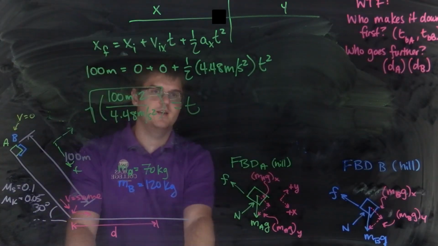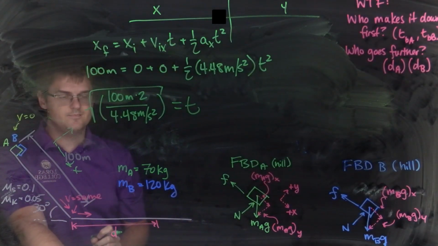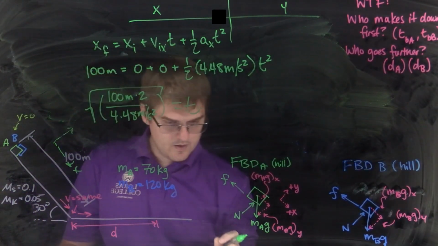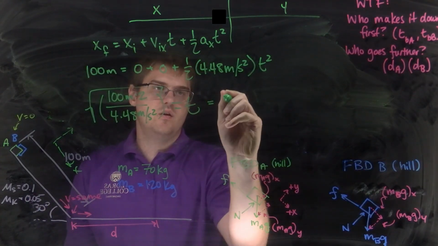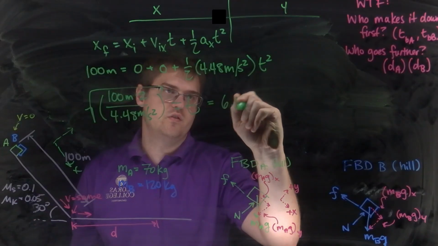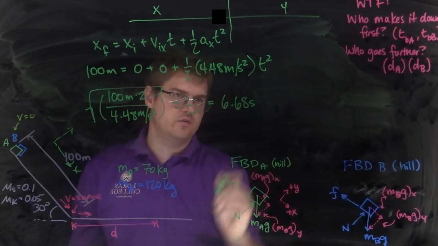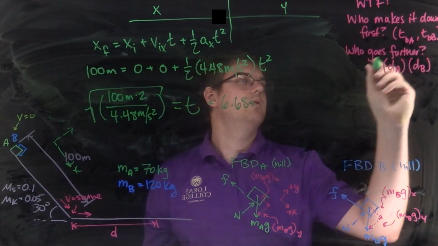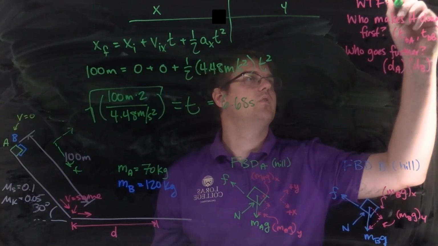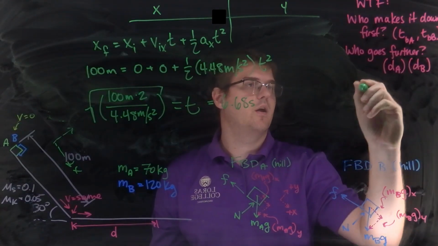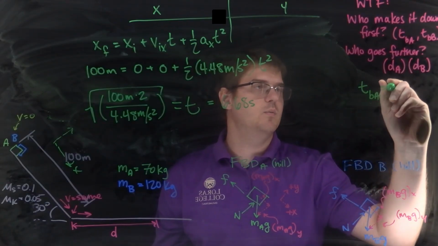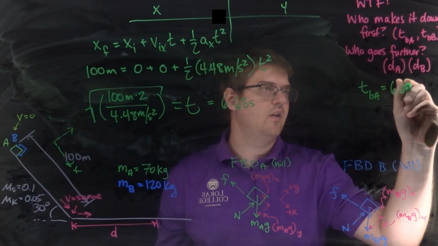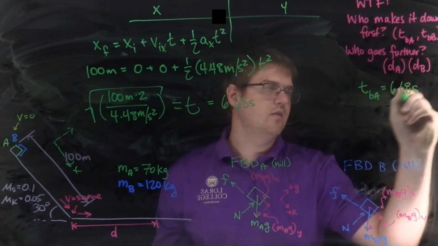That is the time it takes me to get down to the bottom. And that time comes out to 6.68 seconds. So time, where can I put it? Time to the bottom of A is going to be 6.68 seconds.